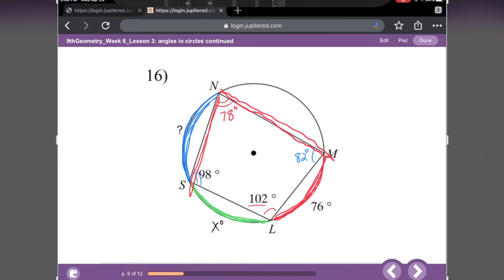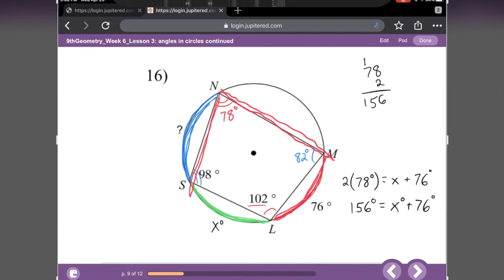Let me write it out this way. 2 times 78 degrees is equal to x plus 76. Let's simplify this a little bit. 78 times 2 is 156. So 156 degrees is equal to x degrees plus 76.